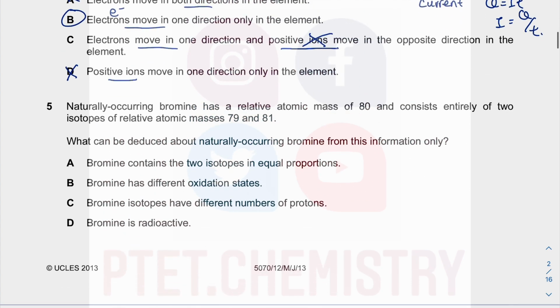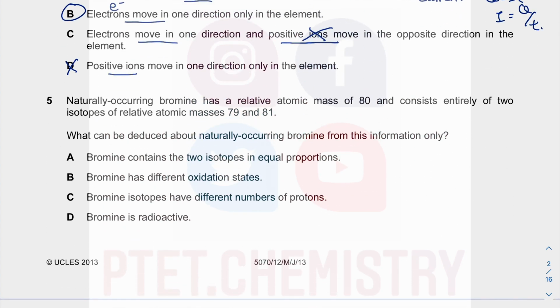So moving on to question 5. So they tell you that naturally occurring bromine has a relative atomic mass. This is what you get in your periodic table. This is actually what you call an average mass, but it consists entirely of 2 isotopes. Okay, so you know isotopes have the same proton number but different nucleon number, or different number of neutrons.